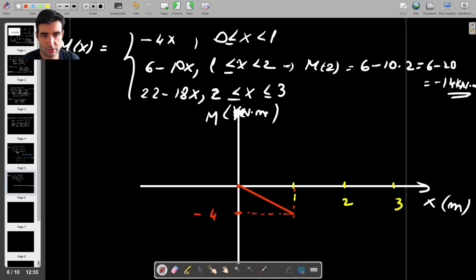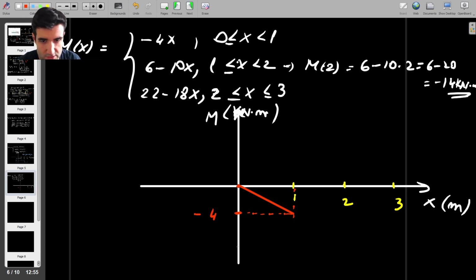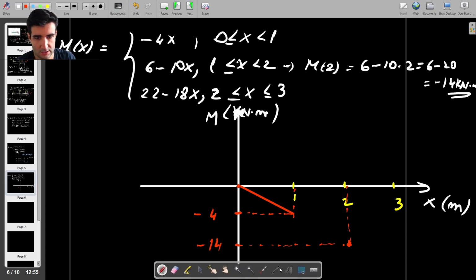Okay, so this is actually going to go even lower, to minus 14. Again, this is not to scale, but I'll do what I can.